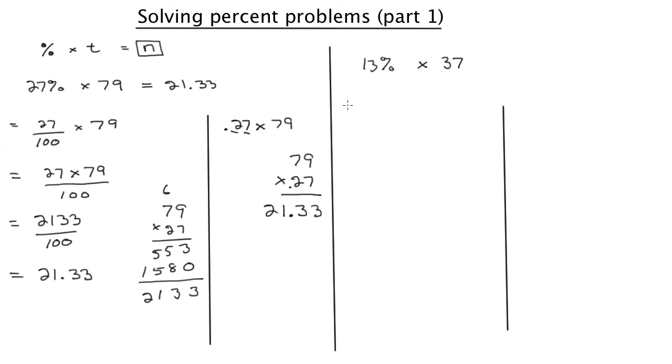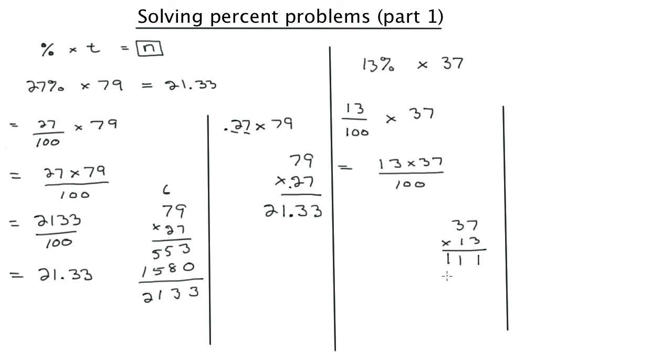Okay. 13% of 37. Again, it's one of those where there's nothing in common between 13 and 100 or 37 and 100. So I just go ahead and multiply 13 times 37, and then I'll divide by 100 when I'm done. Off to the side, 37 times 13. 3 times 37, that's 90, and 21, that's 111.